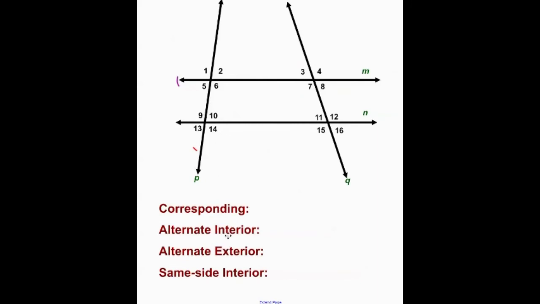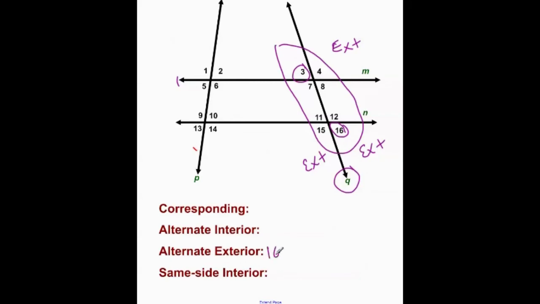Okay, alternate exterior. Let's pick a transversal first. Let's do Q. Here's Q, so this is the angle group we're looking at, and we need the exterior. Here's the exterior right here, and over here is the exterior. This is all exterior. So we pick alternate exterior. Here's a 16 and here's a 3. 16 and 3.